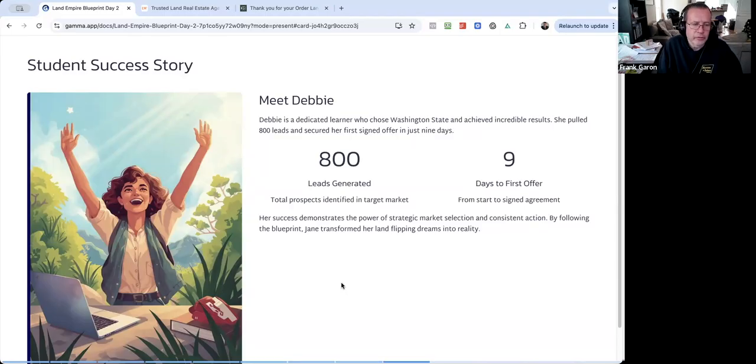If you do this in fits and starts, you're working, you're not working, you never gain momentum. She got momentum straight out of the gate. And by following this blueprint, she was able to transform her land flipping dreams into reality.